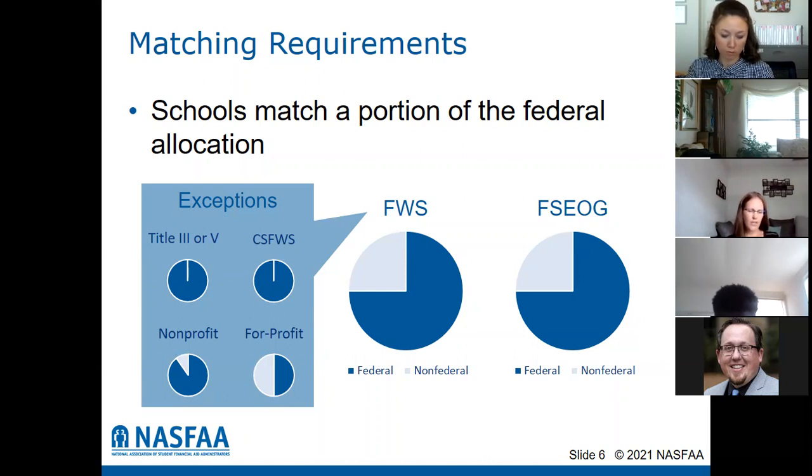Okay, so the third exception, this is another 100% federal share, and this would be for community service federal work-study. That would be right here. The federal share of compensation paid to students employed as reading tutors for children, mathematics tutors for children, or in a family literacy project performing family literacy activities may exceed 75% and may be as high as 100%.